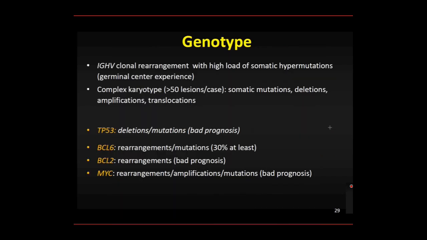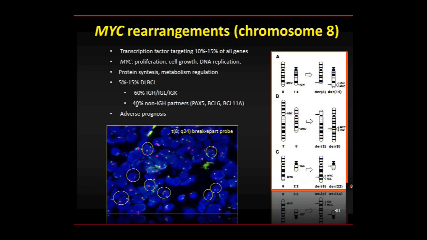Other features in the genotype. Of course, we have clonal rearrangement of immunoglobulin, we mentioned. It's important. In diffuse large B-cell lymphoma, we have a complex karyotype. So many lesions, it is a complex disease. And among others, we have deletion of TP53 that confers a bad prognosis, and rearrangement and mutations of BCL6, BCL2, and MYC that we can now start learning are some key genes in the biology of lymphomas.